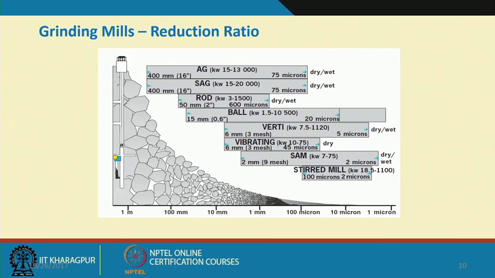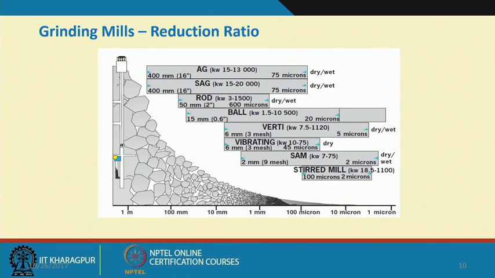Why is the reduction ratio important? I had given one example for crusher circuit design, where I want a reduction ratio of 25. That means I want to break my feed material to 1 by 25th of its current size. So, how many crushers do we require?